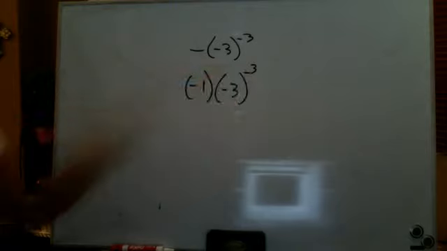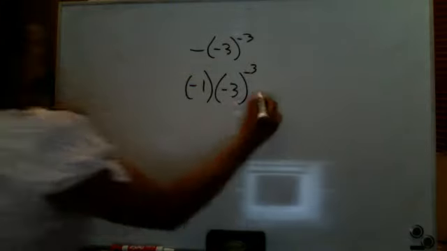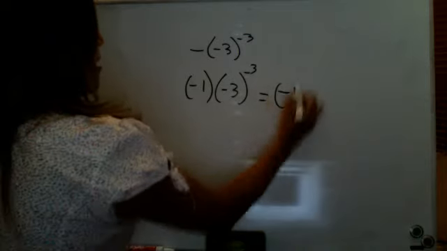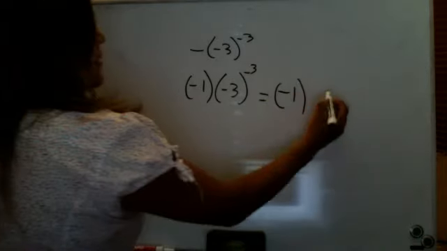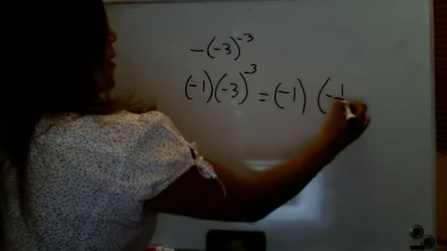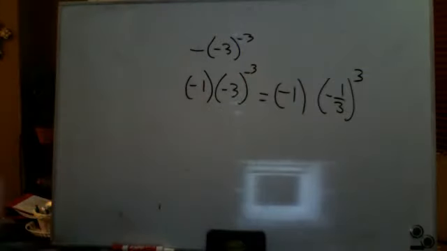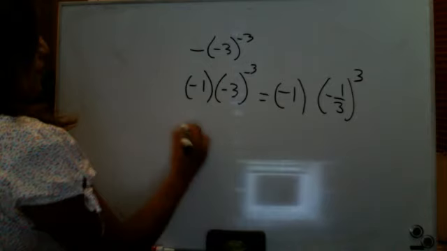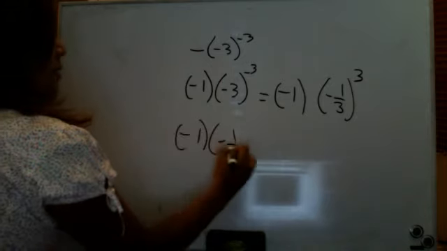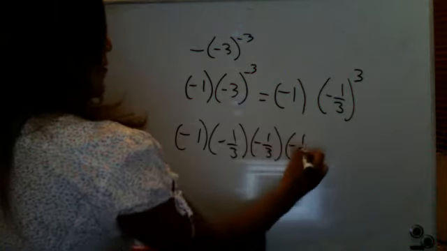Well, the power is negative. The rule says to get rid of the negative, we do its reciprocal. So simply you have negative 1 times the reciprocal of negative 3, which is negative 1/3. And now my exponent becomes positive because I did the reciprocal. Now I simply have negative 1 times negative 1/3 times negative 1/3 times negative 1/3.